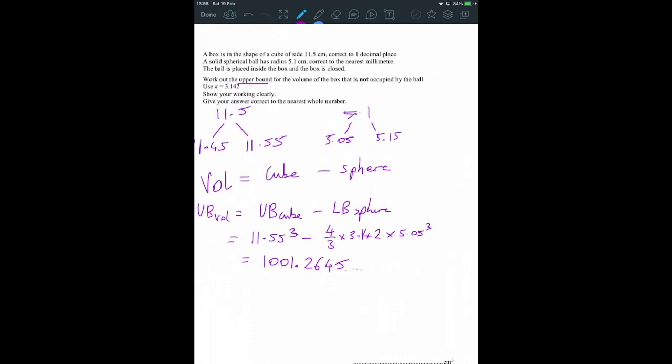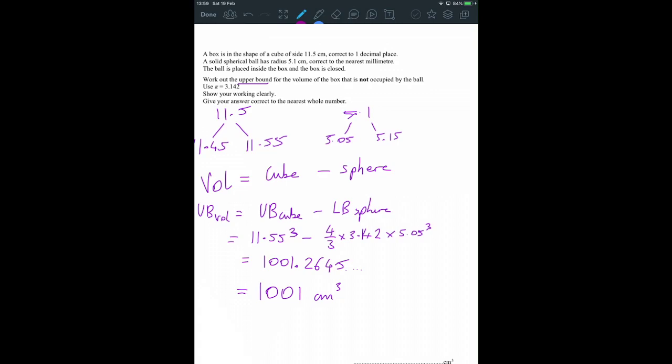The question is asking us to give the answer correct to the nearest whole number. That's 1001, units all in centimeters cubed. Does the answer seem reasonable? Well, the sphere looks like it only just fits in the box.